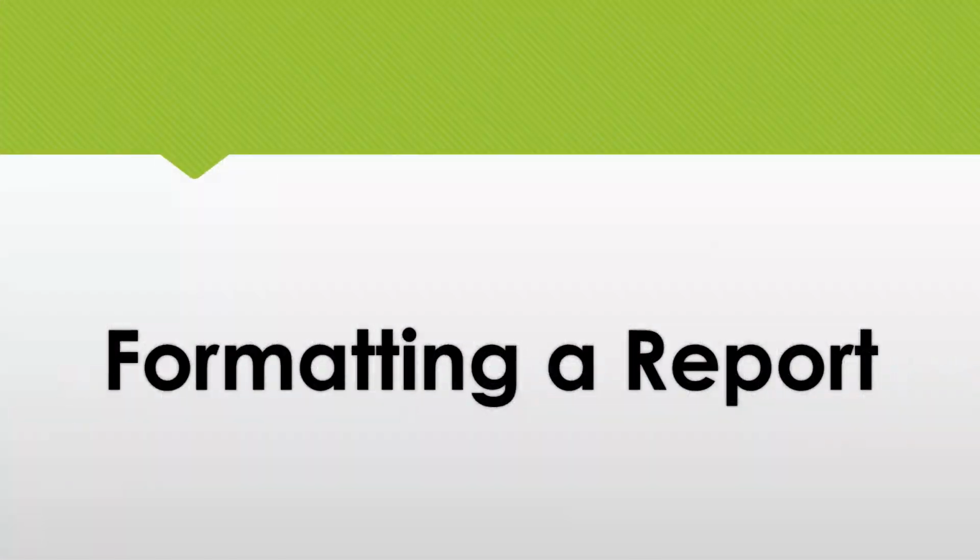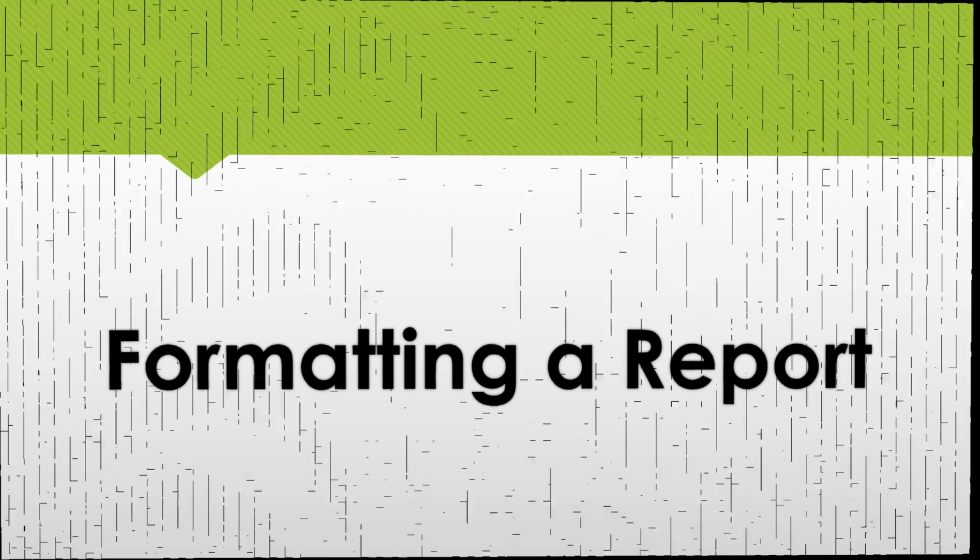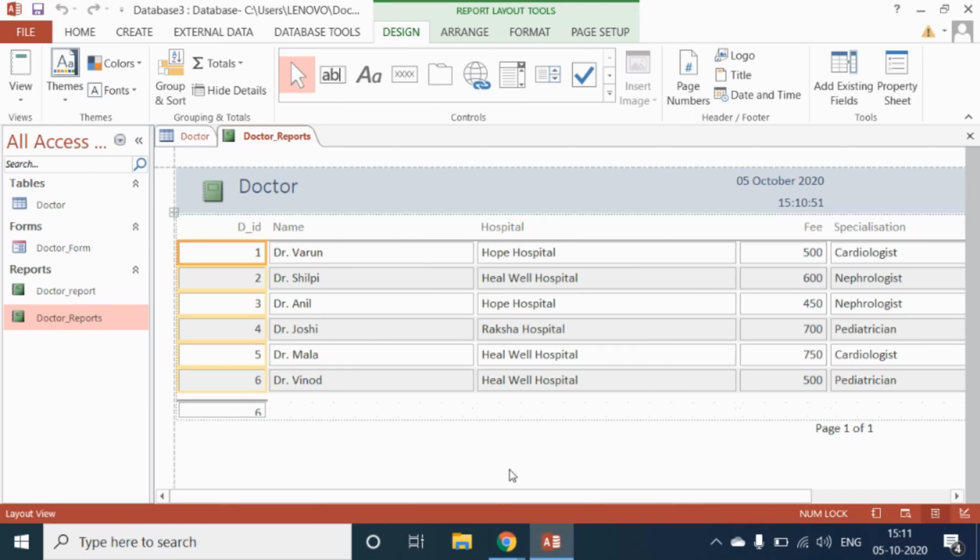Now let's see formatting a report. Students, let's see how to format a report. As we have already learned in formatting a form, we have to format a report the same way. First of all, click on the Design tab and then in the Header and Footer group click on the Logo option.